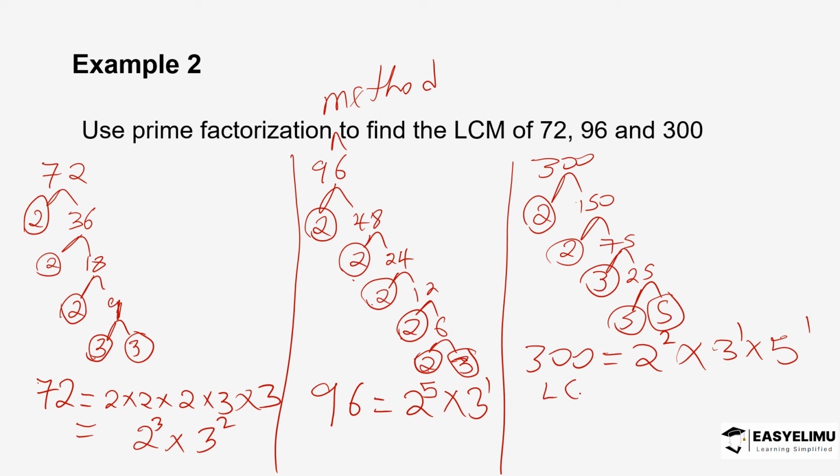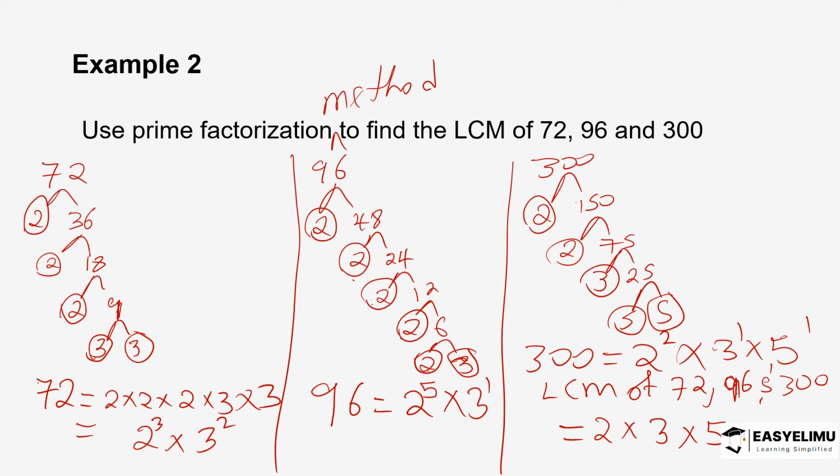So now we have the LCM of 72, 96, and 300. So we pick all the prime factors. So we have 2, and then we have 3, and then we have 5.